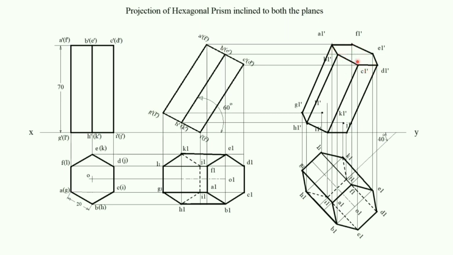The bottom face you cannot see, so you have to use dashed lines to complete the bottom face, and there are two other edges which cannot be seen, so use dashed lines to draw those edges.